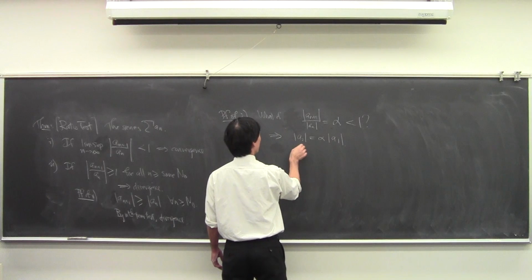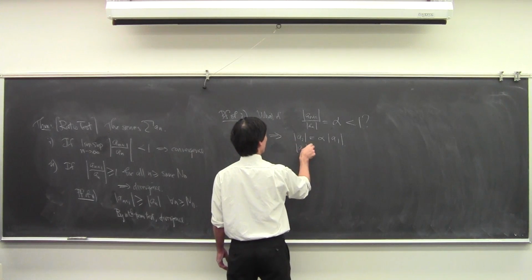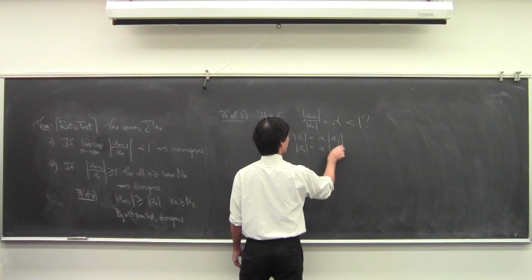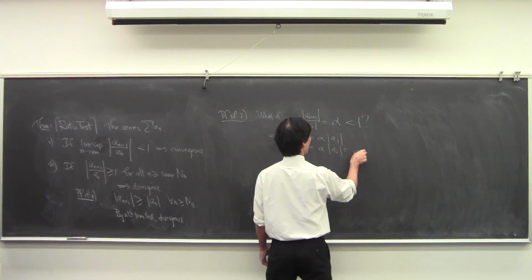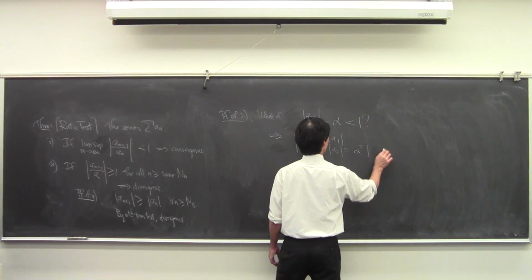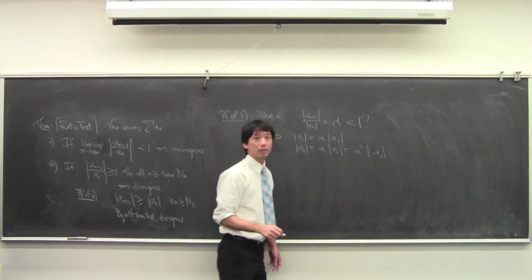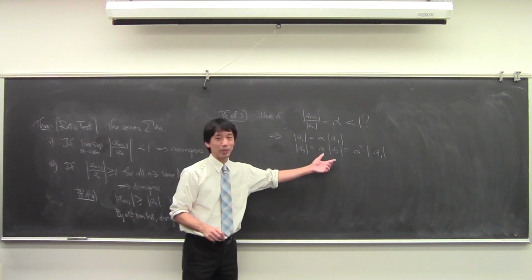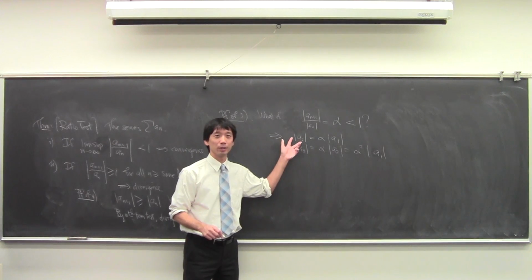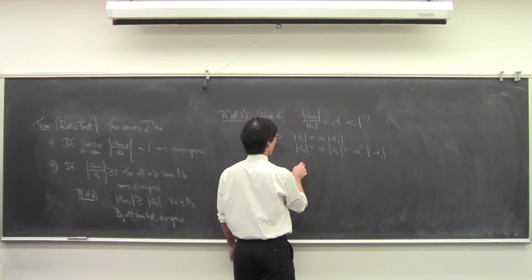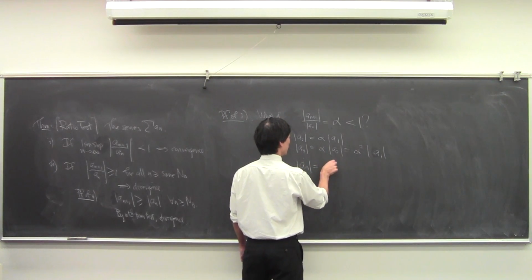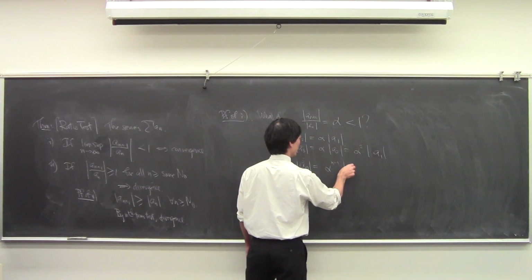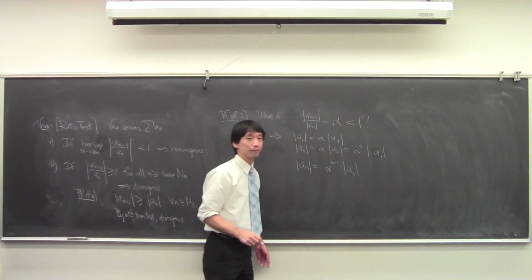It would also say that the size of a3 is alpha times the size of a2, which is alpha squared times the size of a1. If this happened, you basically have a geometric series. The size of a sub n would be alpha to the n minus 1 times the size of a1.